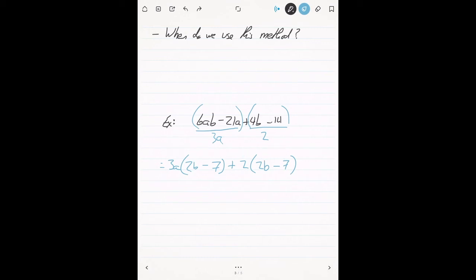Now, let's see what we notice here. Both of these expressions have 2b minus 7. So we can factor out the 2b minus 7. Let's divide that from everything.